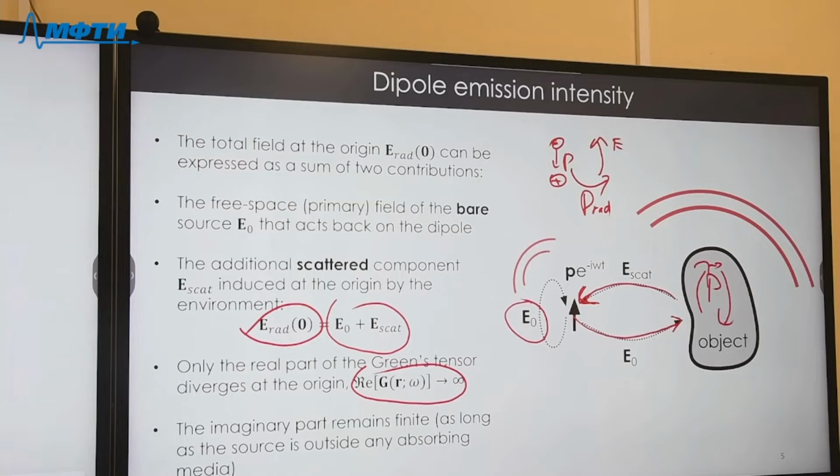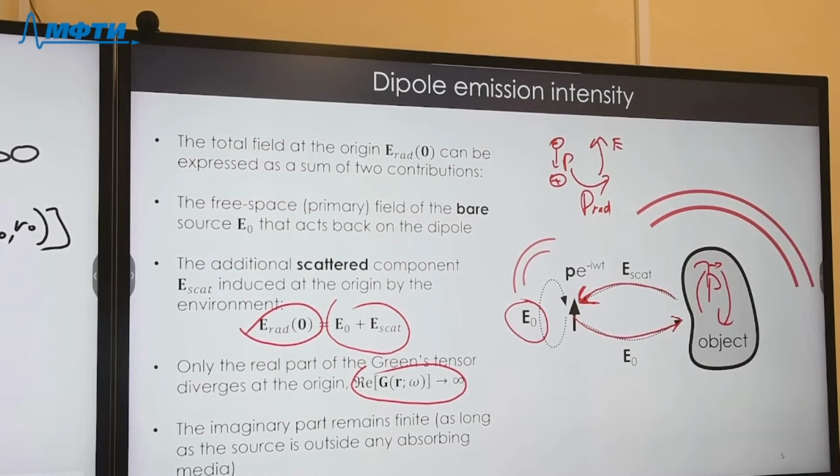For example, if you have some medium with epsilon double prime greater than 0, and you place a point dipole here, then the imaginary part of the Green's tensor will also diverge, and that's not a very nice thing, which may suggest that the emission intensity becomes infinite.